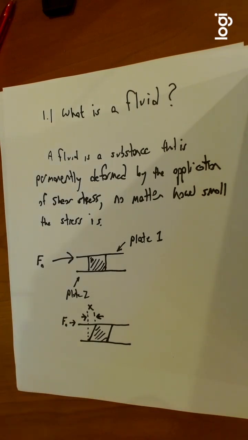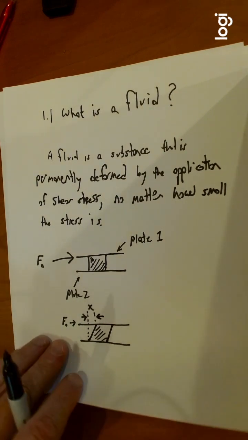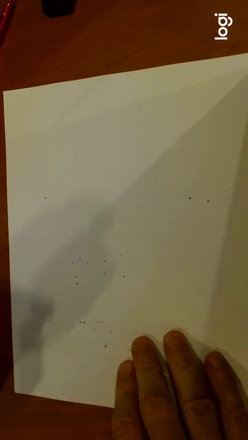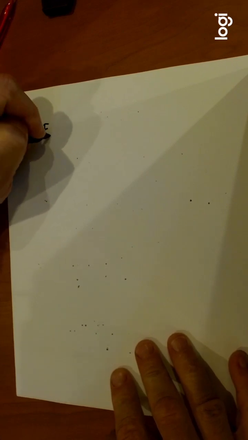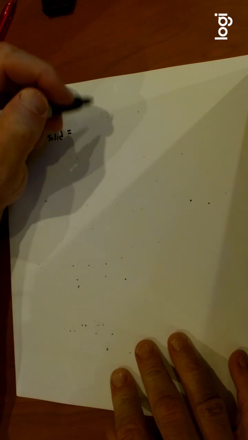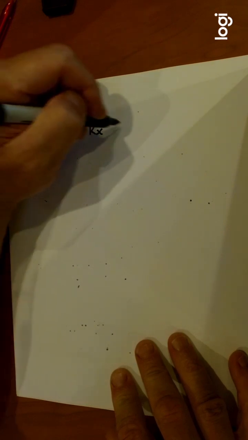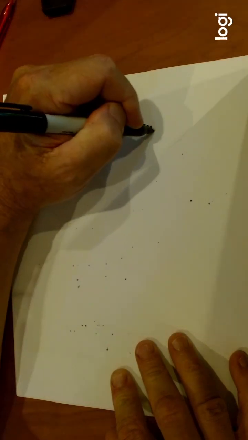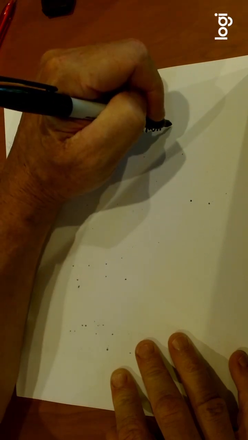So what happens then is that the solid obeys simple Hooke's law, which you know. So the solid, as it deforms, the force exerted by the solid, F exerted by the solid, is equal to minus kx for small deformation. And this is true of all solids.